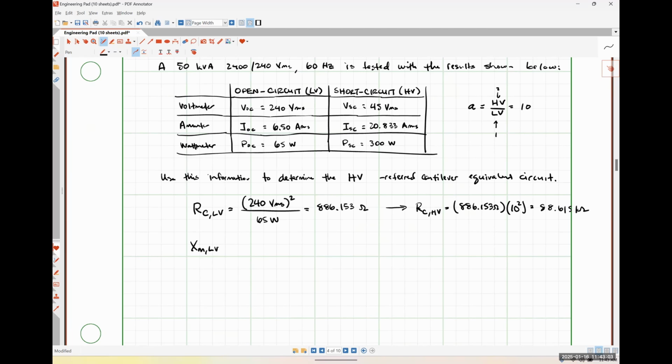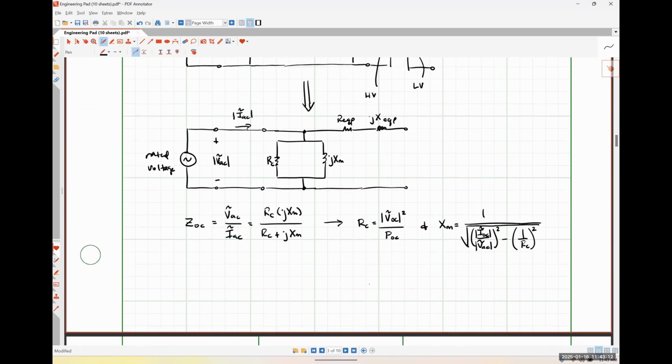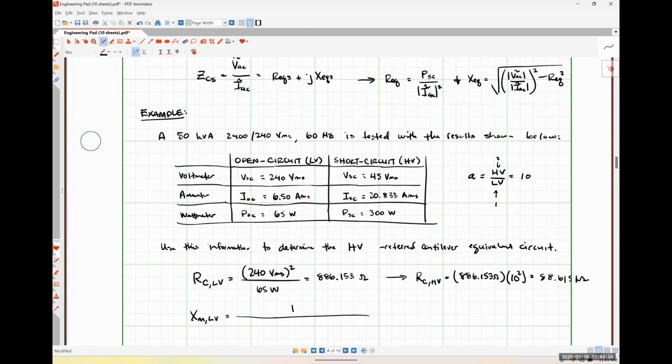XM, low voltage. This is going to be a little bit bigger and grosser, right? So let's look back at our equation. Square root of current over voltage quantity squared minus the reciprocal of our resistance squared, okay?